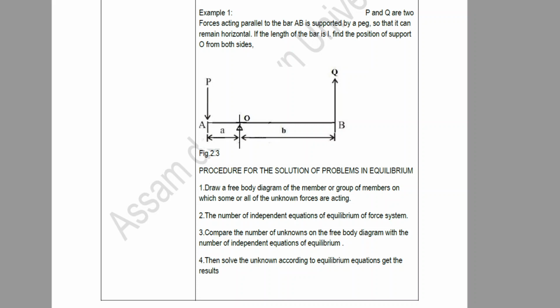Then you have to determine the number of independent equations of equilibrium of the force system. That means in the force system you have to determine the independent equations, that is sum of Fx equal to 0, sum of Fy equal to 0, and compare the number of unknowns of the free body diagram with the number of independent equations of equilibrium.